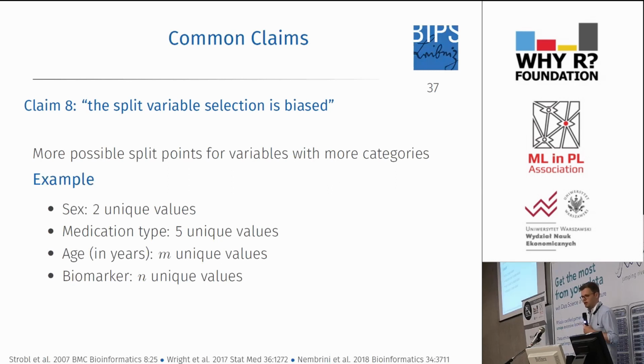And now the biomarker will be preferred in the splitting over medication type or sex, just because it has more possible split points. Just by chance, there's a better chance for this variable that you find a split which is meaningful for the outcome than for the one with fewer categories.